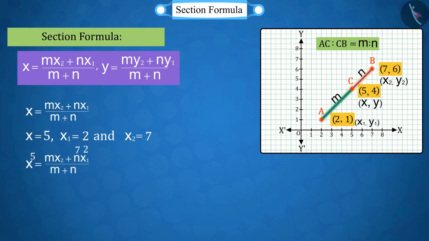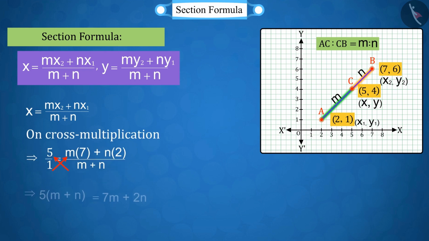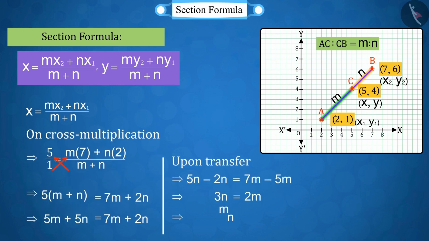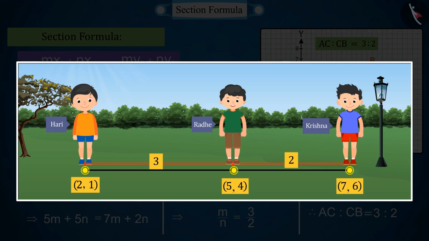On solving which, we get m upon n equal to 3 upon 2, that is, m/n equals 3/2. So we can say that Radhe is standing at a distance of 3:2 ratio from both friends.